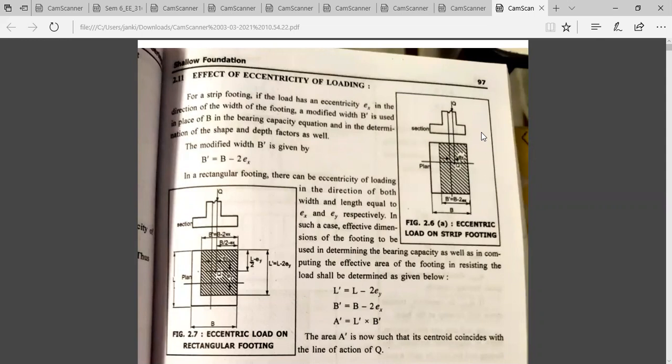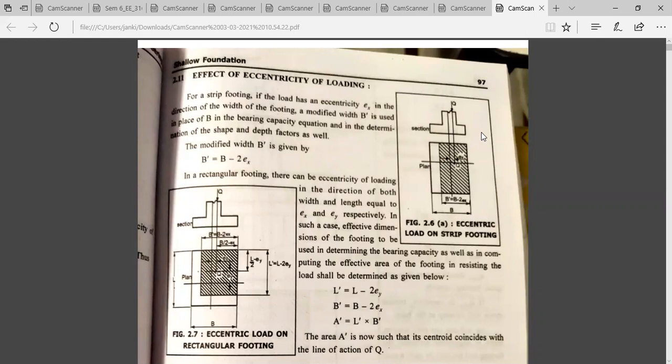Here everything changes, which means length will change and width will change, because the load applies eccentrically in both the X direction and Y direction. Because length and width change, the area also changes with respect to length and width.